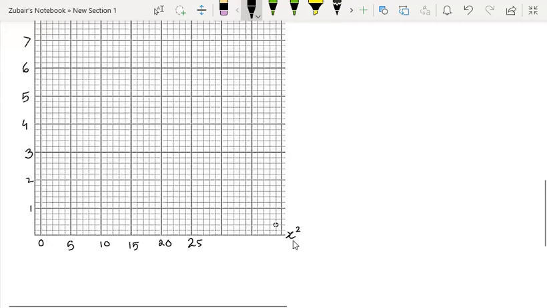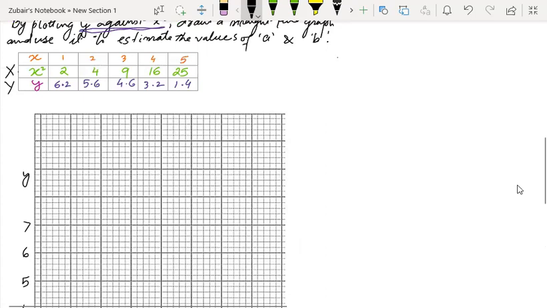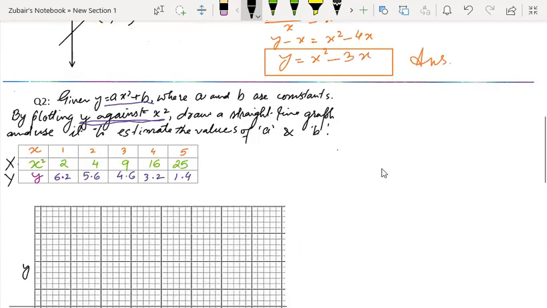In the same way, small y will be shown as capital Y, because I will show you the relation. What was the actual equation?